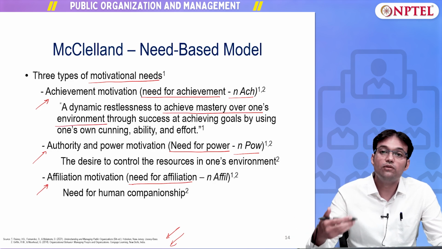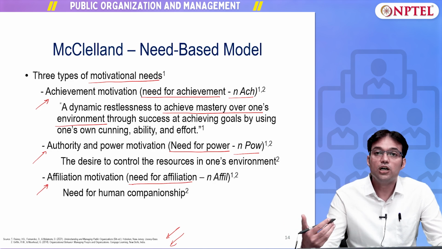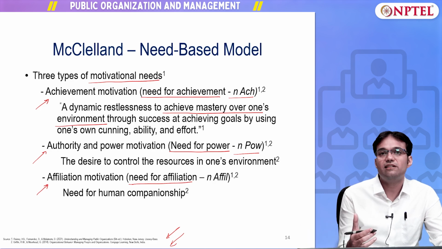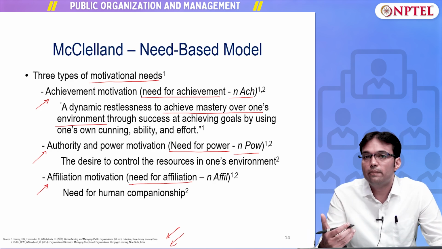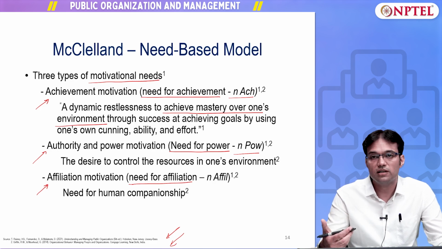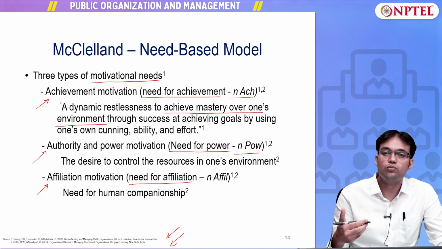And once they do it, they want to jump into another kind of project which will excite them, right, to do good work and attain success in them. So they want to achieve mastery in one's environment by involving themselves in various challenging projects, and they want to prove themselves, that work which is more challenging is always going to give them much more satisfaction.